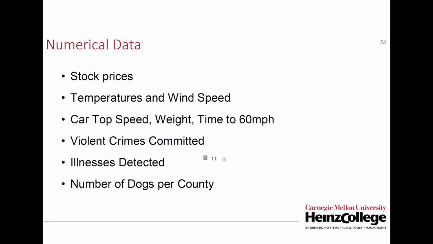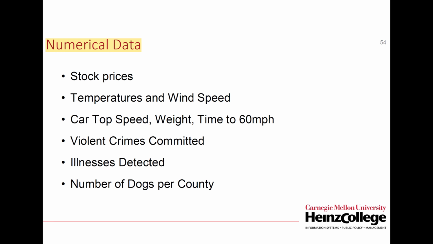Okay, now in terms of different kinds of data that we have to work with, you have probably done statistical training in the past, and most of that kind of introductory statistical training involves analyzing numerical data, things like stock prices or temperature fluctuations over time, the top speed of various cars, how much those cars weigh, who manufactured them, how long it takes them to accelerate to 60 miles an hour, what is the incidence of violent crimes in various locations around various cities, how many illnesses of a certain type have been detected in various locations, on and on.